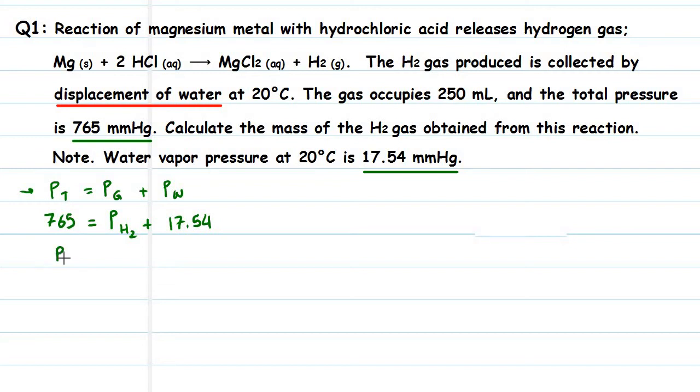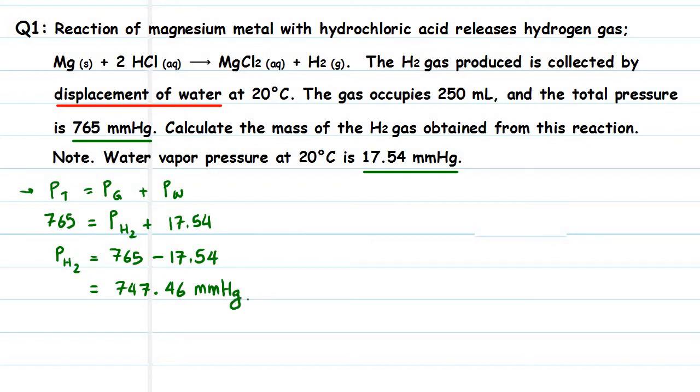So P of hydrogen gas is going to be equal to 765 minus 17.54, and we get 747.46 mmHg.